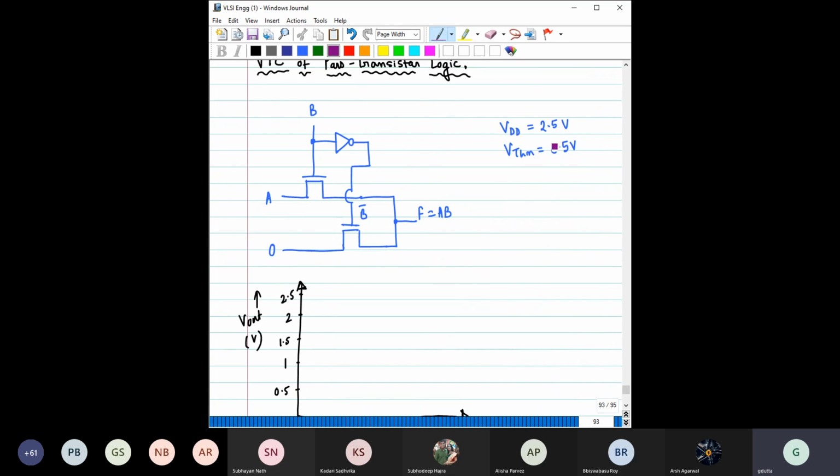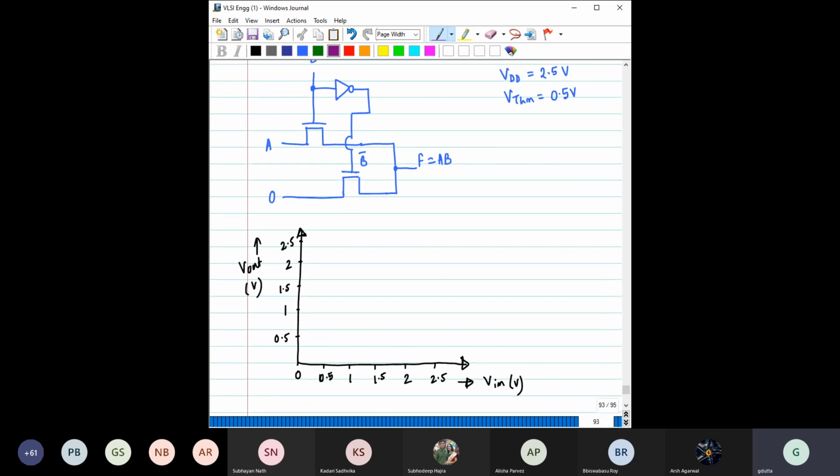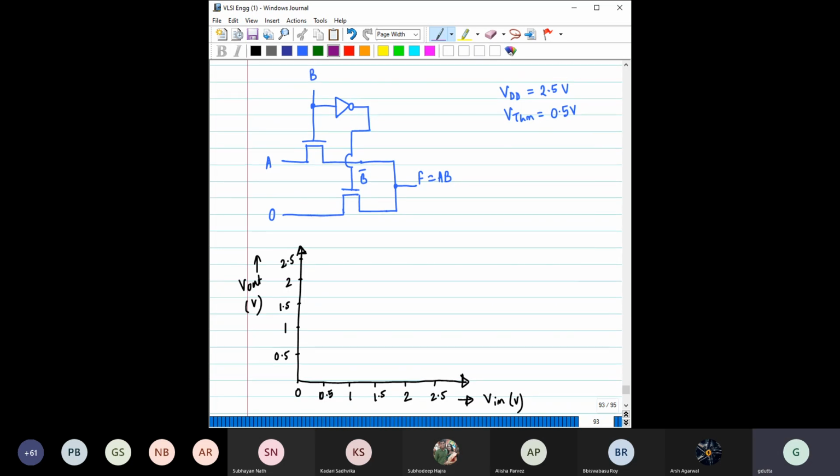And say here VDD means 2.5 volt, threshold voltage means 0.5 volt. And now you have to draw the V out versus V in.